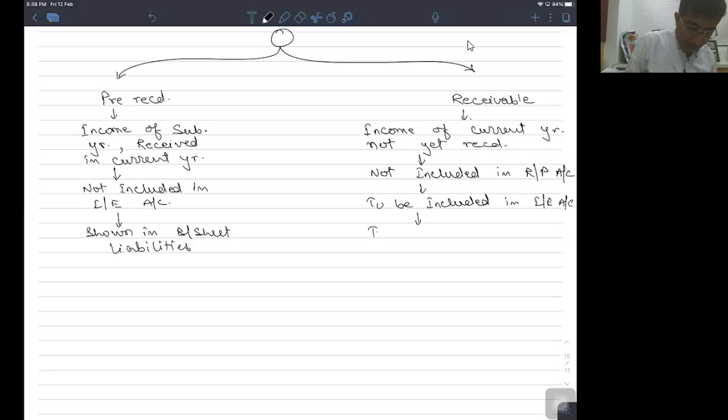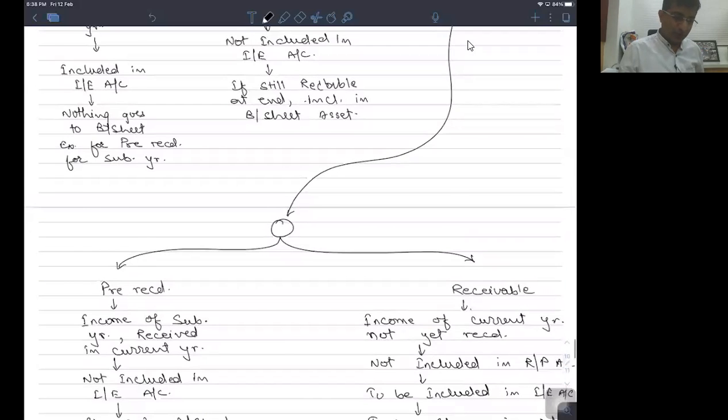And at the same time to be shown in balance sheet asset side. करेक्ट? समझ आया तुम लोग को? थोड़ा थोड़ा छापो फिर.